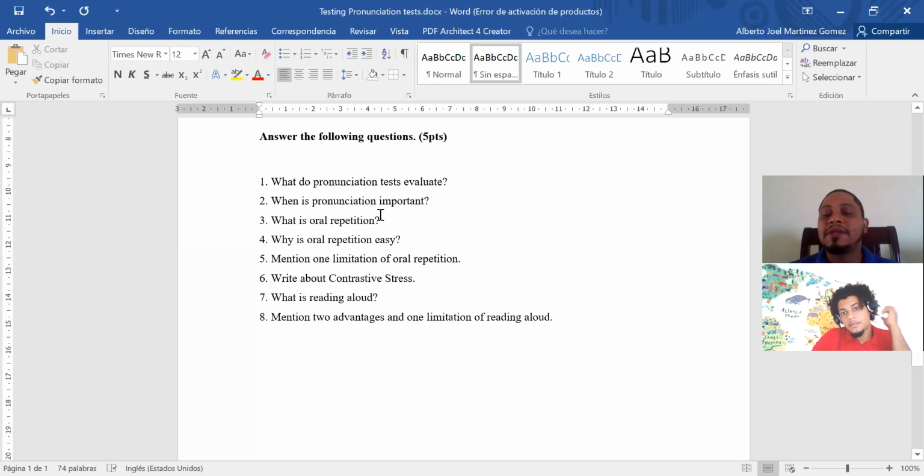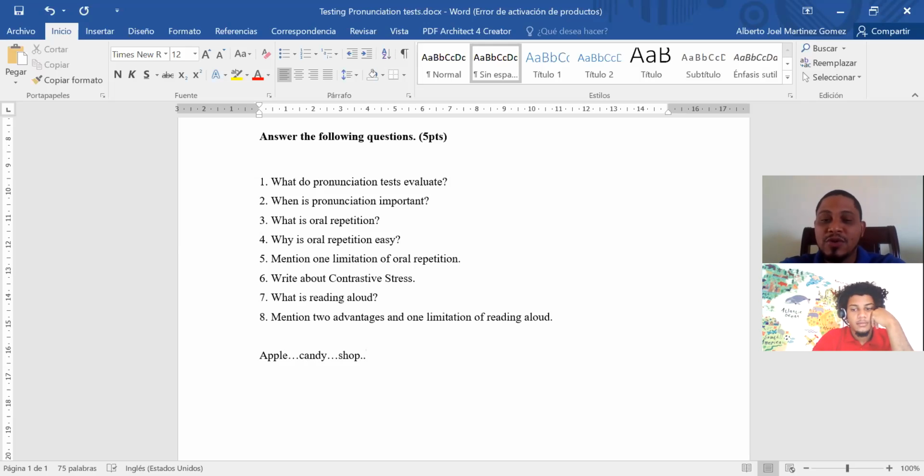So oral repetition is very easy. I'm going to give you the easiest example. You, the teacher, have a vocabulary and you start saying the words. For example, apple, candy, shop.